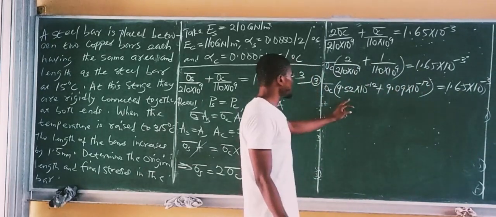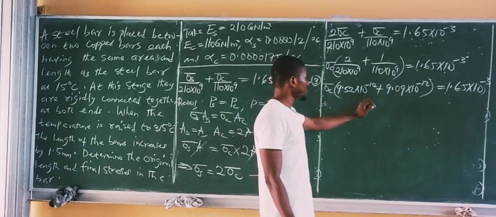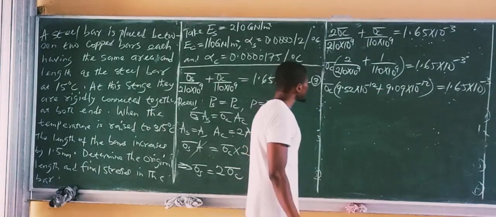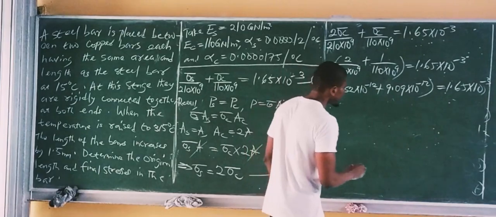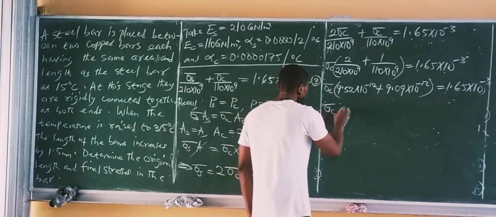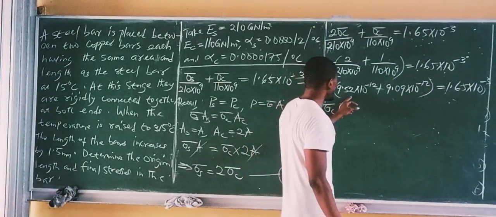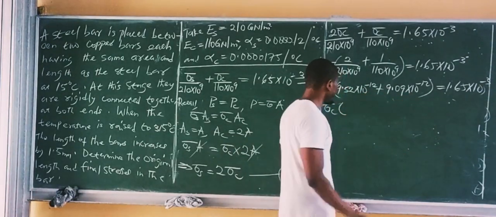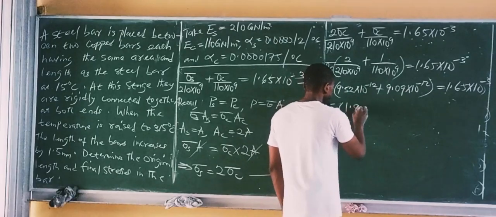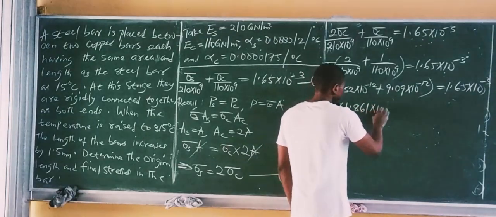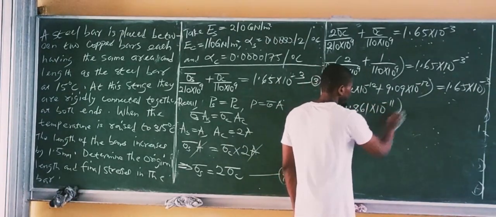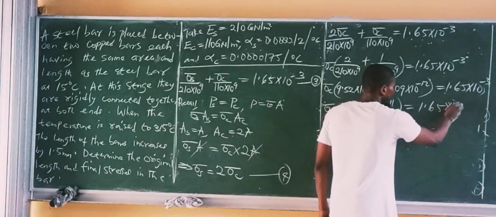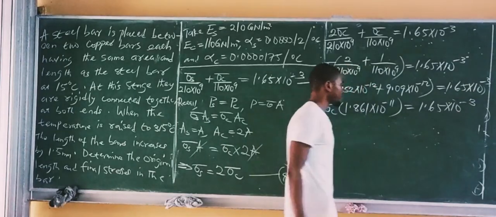So 9.52 by 10 to the power of minus 12 plus 9.09 by 10 to the power of minus 12 is simply 1.861 by 10 to the power of minus 11. That's equal to 1.65 by 10 to the power of minus 3.